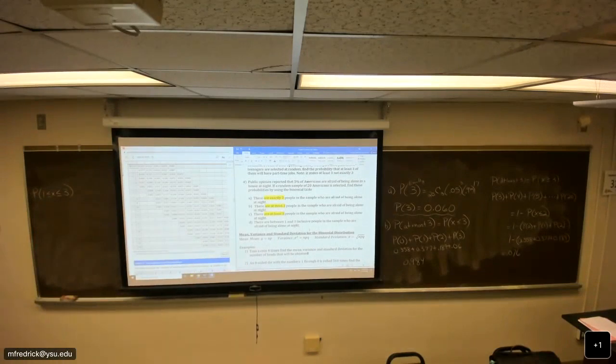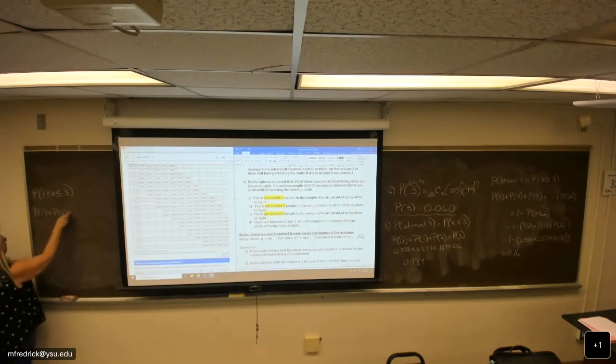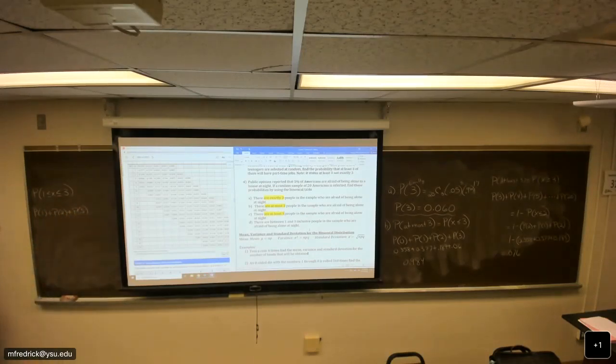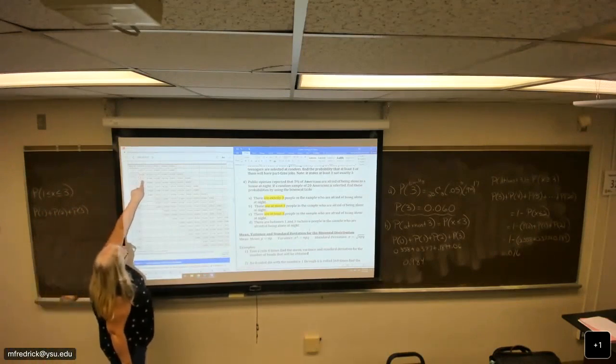If it just said 1 to 3, not including them, then it would only have been 2. So you want to take the probability of 1 plus the probability of 2. Using the table, you just add up the 1, 2, and 3.